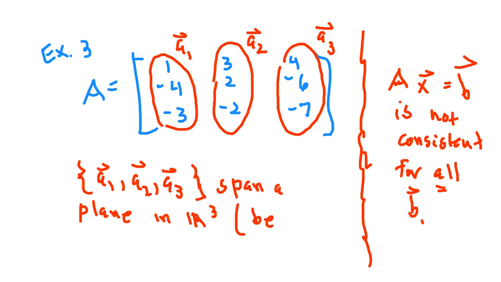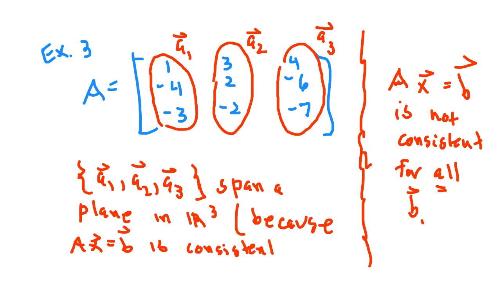And that's because AX equals B is consistent if B1 minus 1/2 B2 plus B3 equals 0.